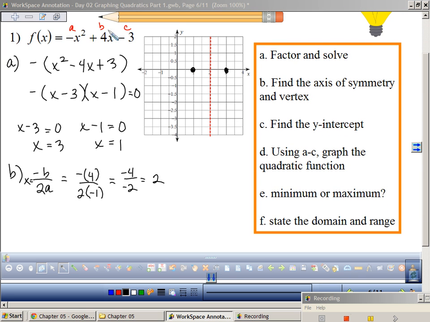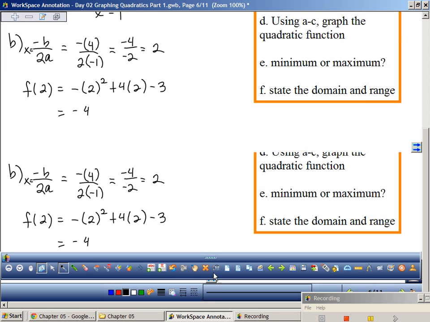So I'm going to take my original equation, plug in x, and that'll give me y. So if x is 2, f of 2 would be negative 2 squared plus 4 times 2 minus 3. 2 squared is 4, so this becomes negative 4.